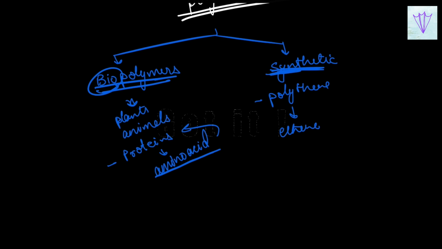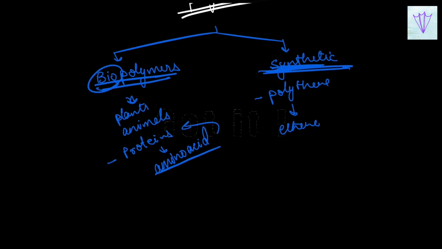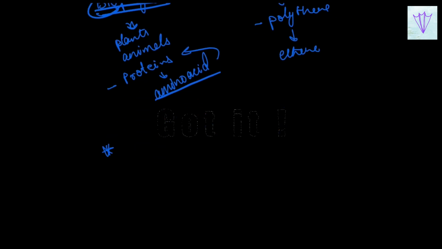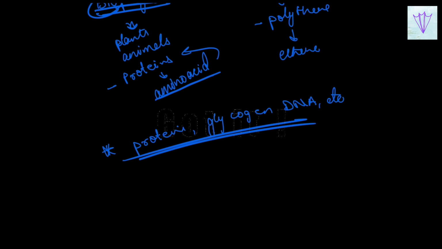And nylon, rayon, polyester are some other examples of synthetic polymers. It is important to note that the polymers which are found in the human body are protein, glycogen, DNA, and many more.